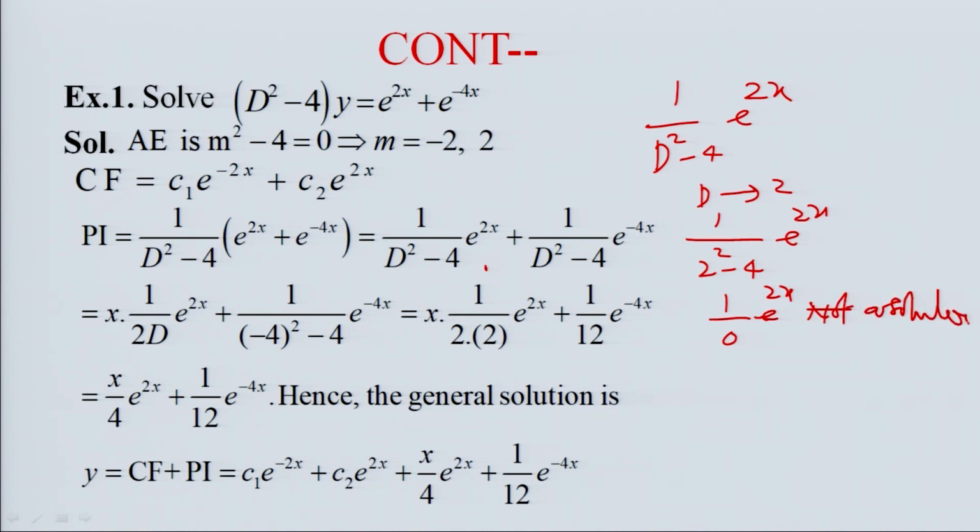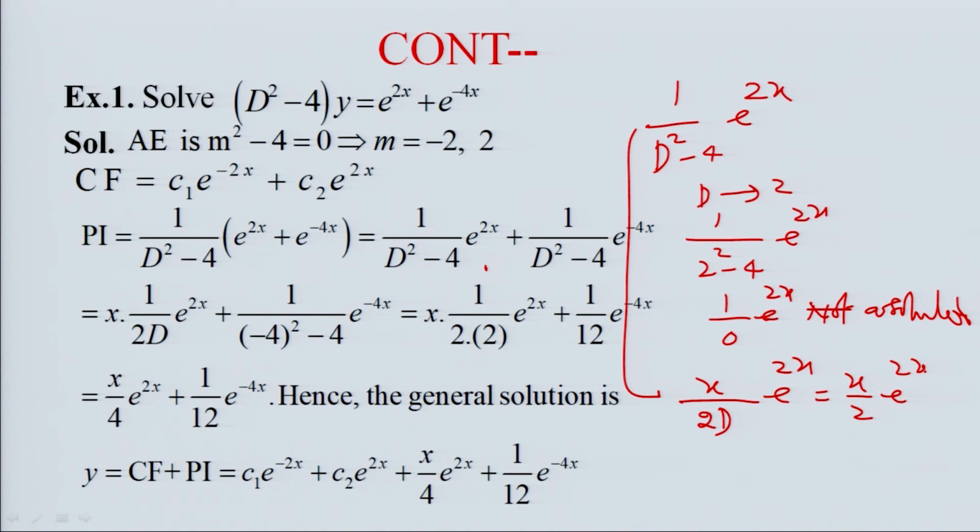In this case we differentiate, multiplying by x and differentiating the denominator with respect to D, and again D is replaced by 2, which means we have x by 2D e^(2x).